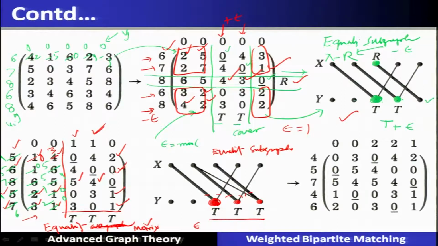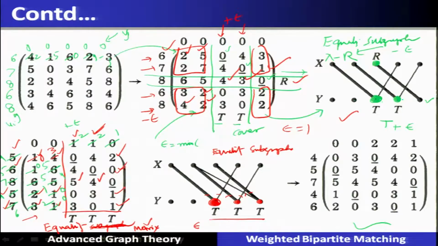Similarly, here where all T's are there, epsilon will be added: 1 plus 1 is 2, 1 plus 1 is 2, 0 plus 1 is 1. So, we have obtained this particular graph, and in this graph we will do the further processing.